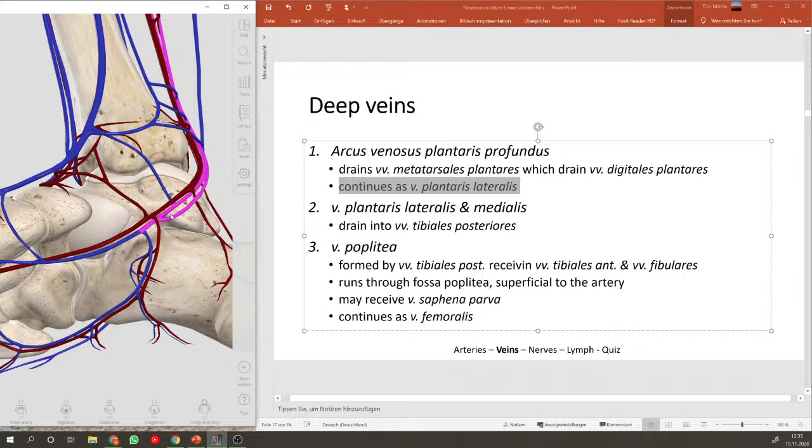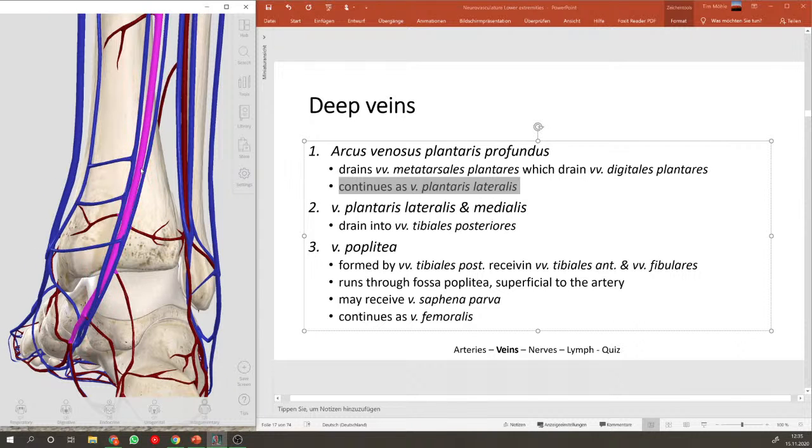Now, another thing to know is that the deep veins are usually paired. So you can see here in the middle the posterior tibial artery, and left and right of it, it is accompanied by posterior tibial veins, which has a few benefits physiologically. You will study it next year.